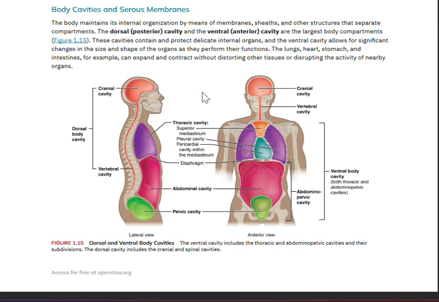Body cavities and serous membrane. That has to do with body cavities. The posterior cavity and ventral anterior cavity are the largest body compartments. These cavities contain and protect delicate internal organs, and the ventral cavity allows for a significant change in the size and shape of the organs as they perform their function.